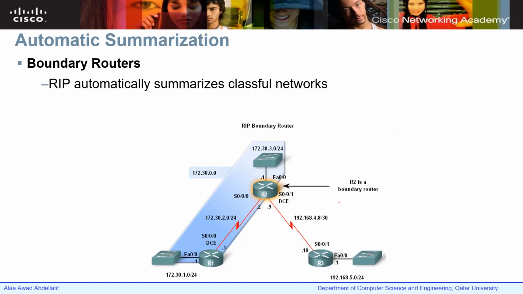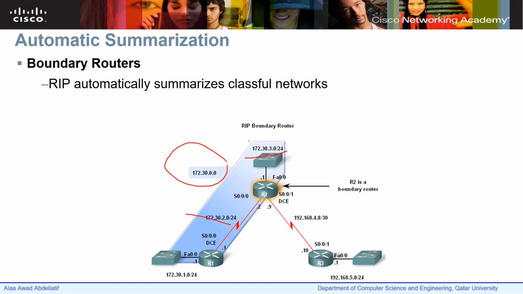So RIP automatically summarizes classful networks into one IP. Here I combined three IP addresses into one classful IP. So I summarized all this part as one IP, so I removed all this part, where I will reduce entries in R3.